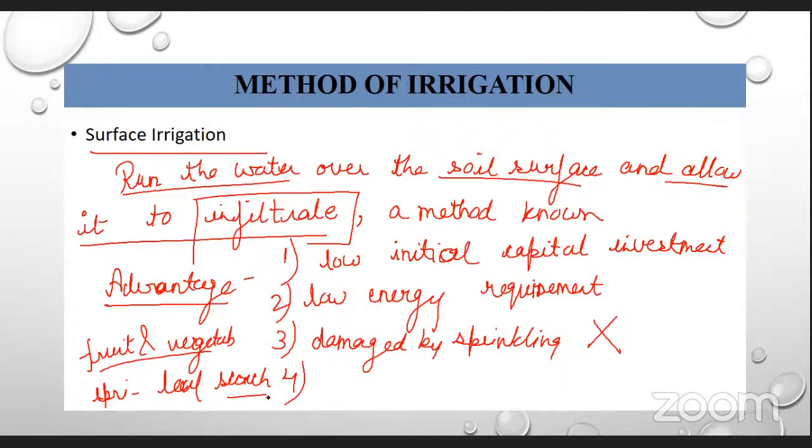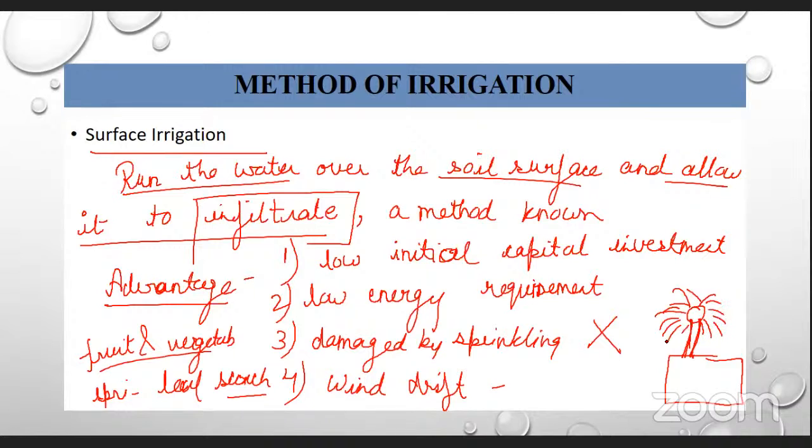Okay, then the fourth one is that the surface system can avoid the wind drift. And in the herbicide I have told you what the wind drift is. Wind drift means when we are using a sprinkler, since it's an overhead irrigation, some structures will be there, and we are applying water in the form of sprinklers over the crop.